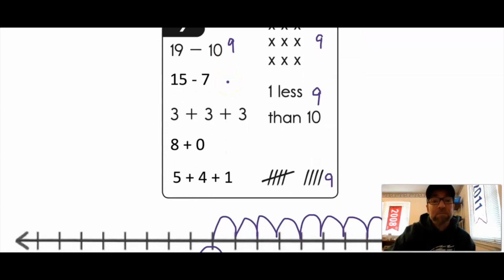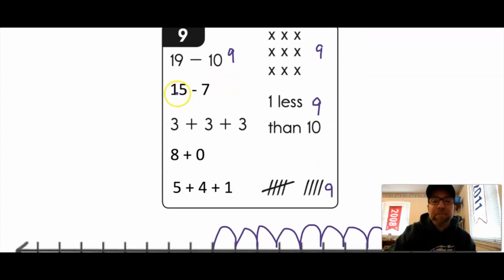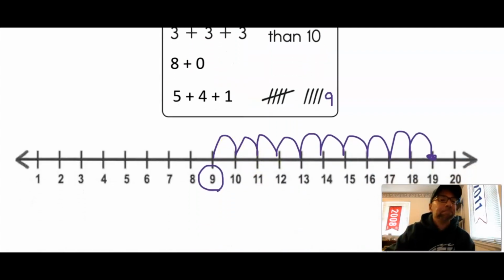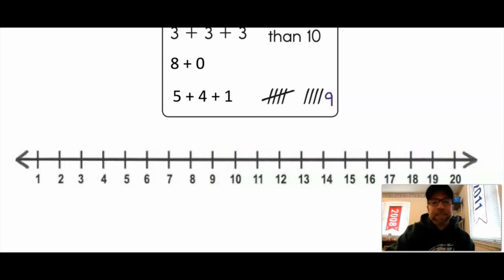So now our next problem is 15 minus 7. Let's take a look. Start at 15, subtract 7. Count back 7. 1, 2, 3, 4, 5, 6, 7.